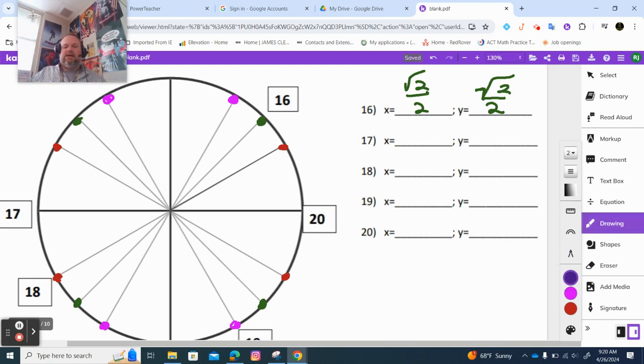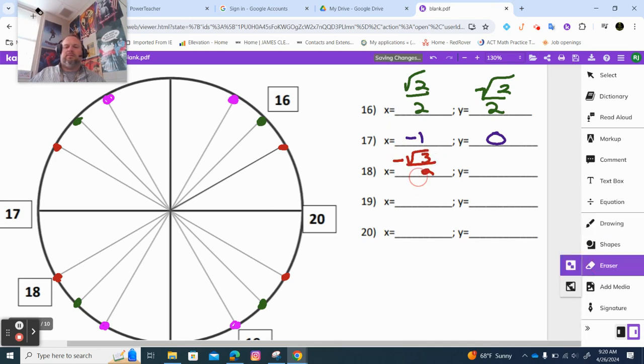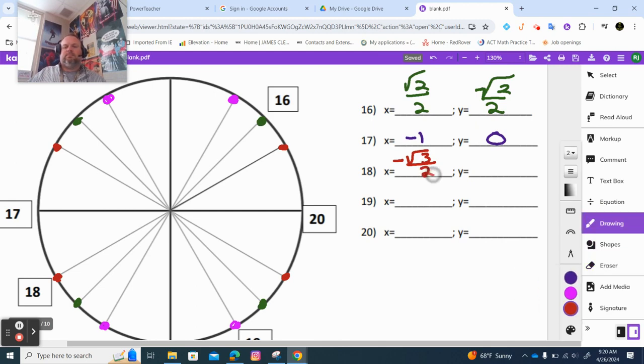This one's pi, so this is at -1 and 0. 18. This is something over 3 or 6. I know it's going to be negative root 3 over 2. There we go. Negative 1/2.